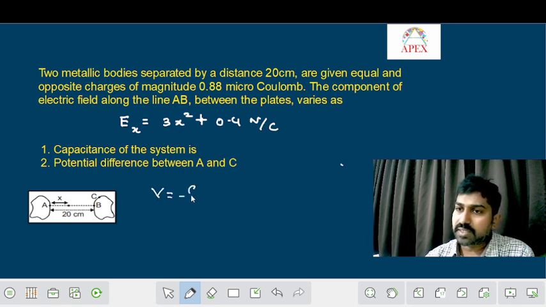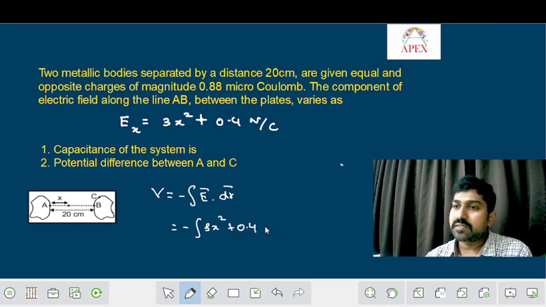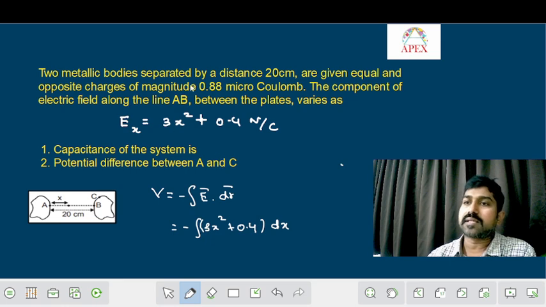Potential is nothing but minus integral E dot dr. And E is given as 3x square plus 0.4, and dr means you can just write dx, along the x-axis we have taken here. The distance along the x-axis is 20 centimeters, so potential has to be calculated from 0 to 0.2.